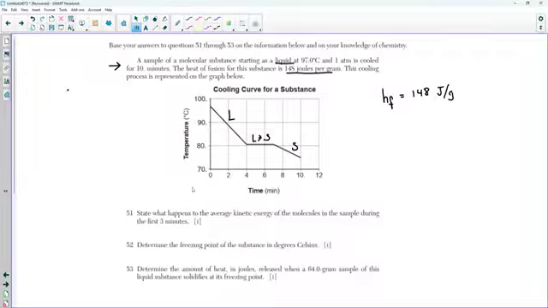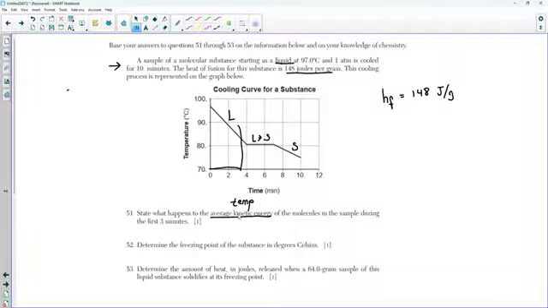All right, let's go to the first question. State what happens to the average kinetic energy of the molecules in the sample during the first 3 minutes. So the first 3 minutes would be from here to about here. You cut off that line right there, and you're talking about what's happening here. What's happening to the average kinetic energy? Average kinetic energy is the same thing as saying temperature.